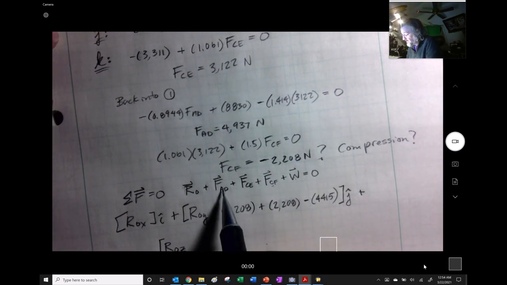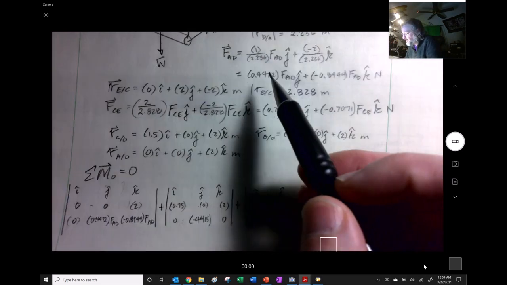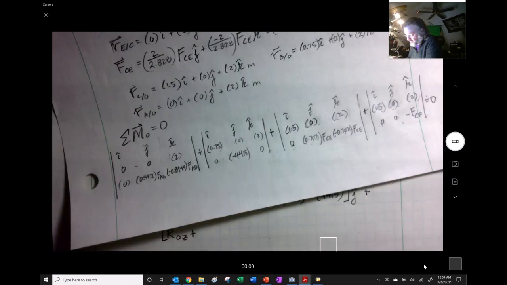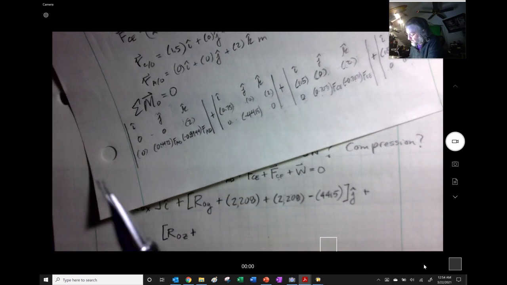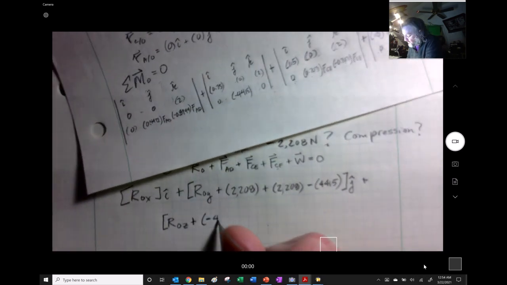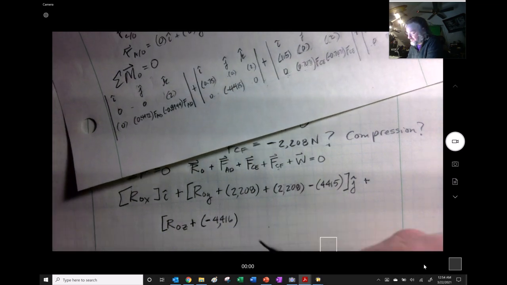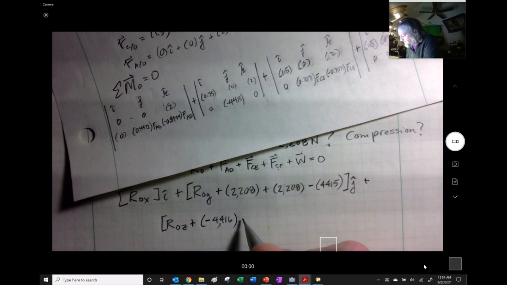For AD here, AD is going to be the 4937, but multiplied by negative 0.8944. So I guess I'll put them in as a negative here. Negative 4416, which is coming out to the same numbers. What's going on here? I picked a doozy.